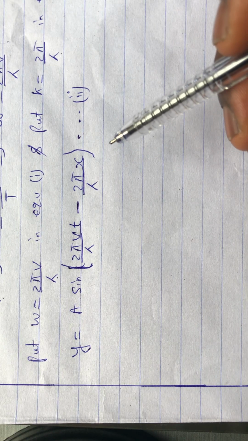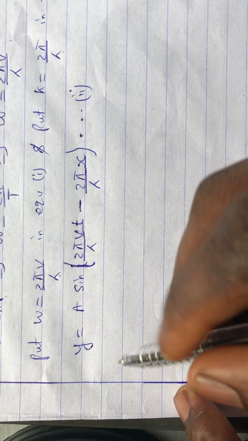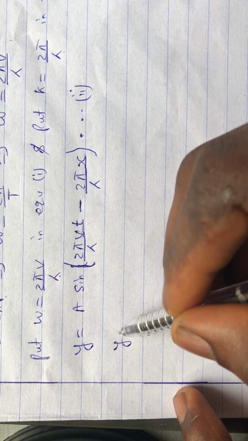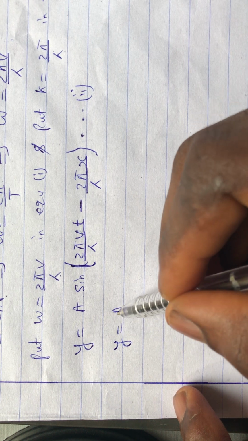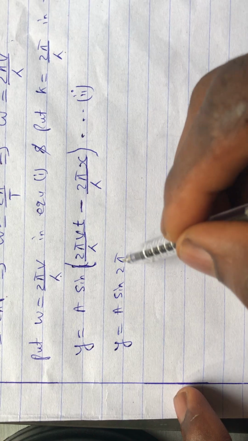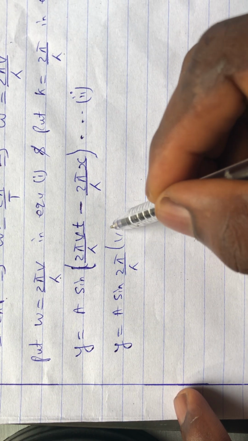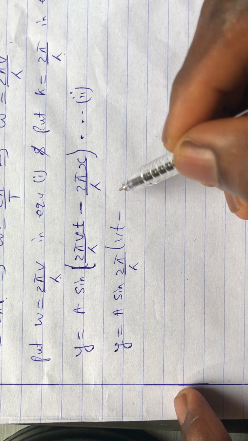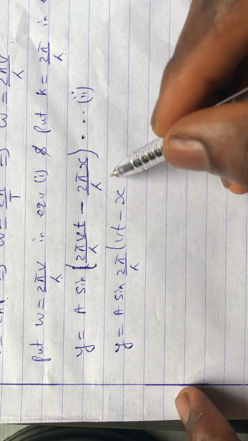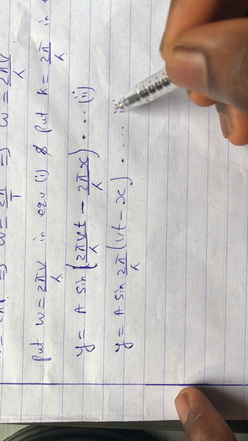What are we going to do? We simply factorize it out. That means we are going to have y equals a sine 2 pi over lambda bracket vt minus x. This is our third wave equation.